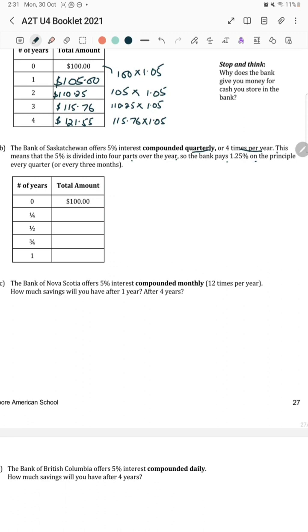So 1.25% can be written as 0.0125, and adding 1 would be 1.0125.